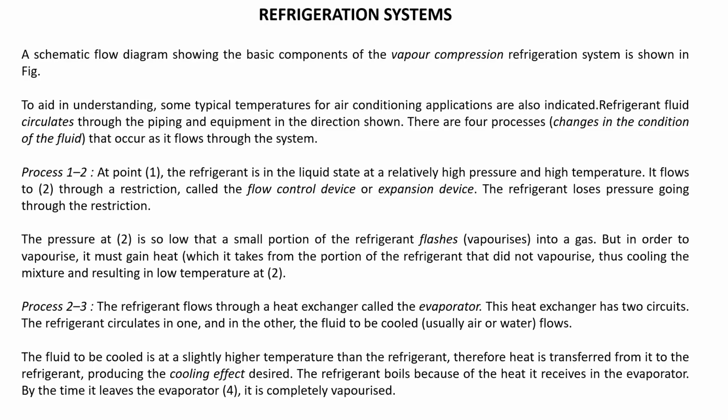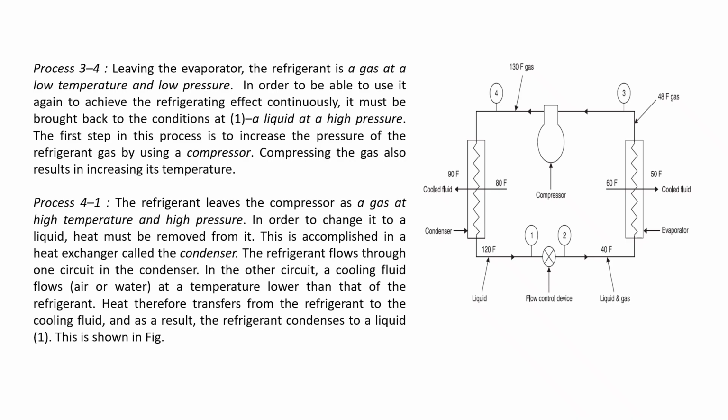The refrigerant boils because of the heat it receives in the evaporator. By the time it leaves the evaporator, it is completely vaporized. So this is the process and how the refrigerant enters and gets processed. Now, what happens in the process from 3 to 4?